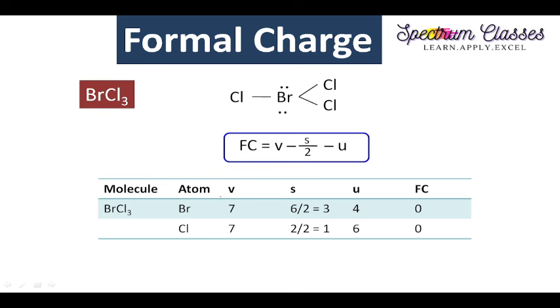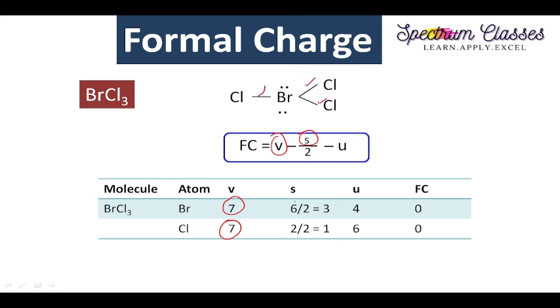I'm just going to show you here. It has 7 valence electrons. This chlorine also has 7 valence electrons. So valence electron is done. Now what about this S? This Br has 3 bonds: 1, 2, 3.